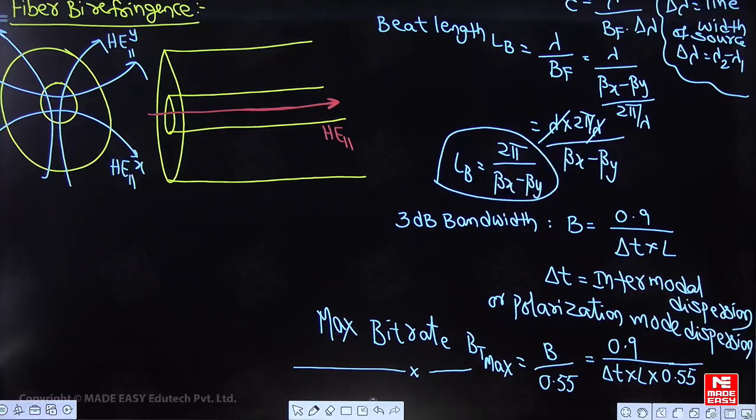Write down the formula: LC is equal to lambda square divided by BF into delta lambda.